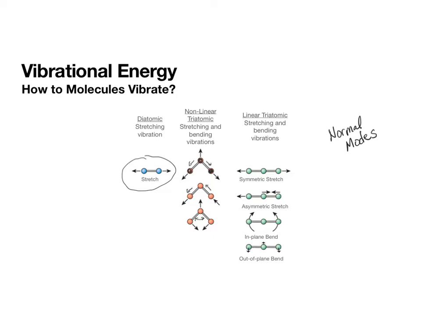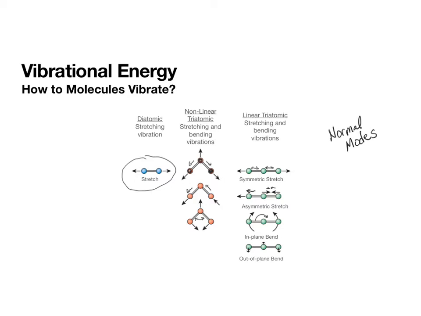And then with linear triatomics, we can also have stretching and bending vibrations, but the modes are a little bit different. We can have a symmetric stretch where the bonds pull in a symmetrical way. We can have an asymmetric stretch where one bond stretches and the other bond compresses. We can have what we call an in-plane bending, which means that this molecule folds.